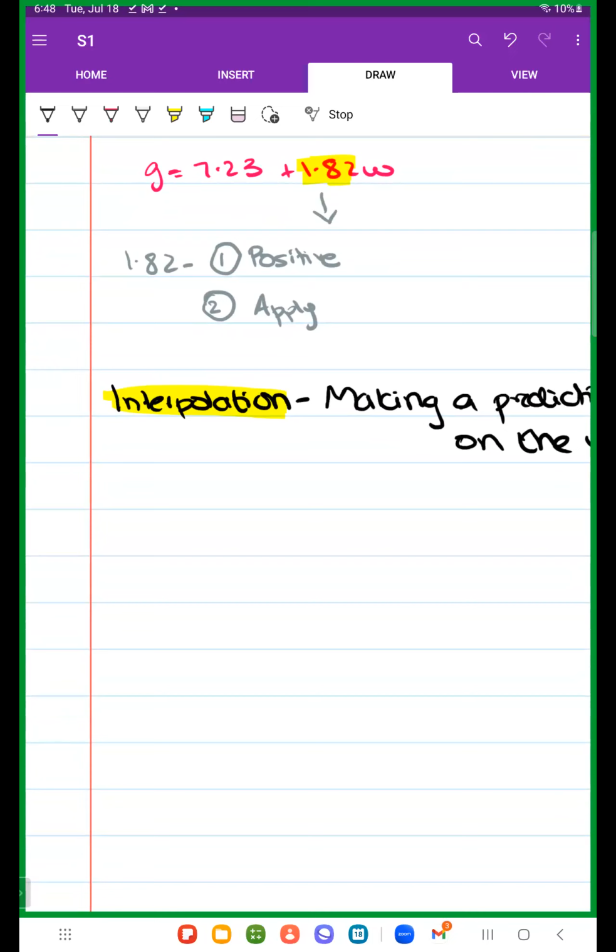But then I go into my A levels and I study at night and I don't get good grades. So this means this relationship can change. But what I did in my O levels was a regression. I made a prediction. This prediction was known as interpolation. You understand? Okay, great. Let's move forward.